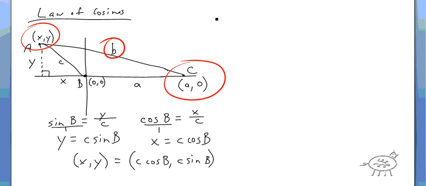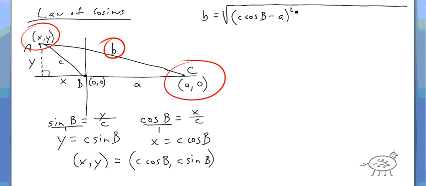So b is equal to, and it's really b squared, but I'm going to take the square root right away, so b is equal to the square root of (C cosine of B minus a) squared, so x2 minus x1 squared, plus (C sine of B, y2, minus y1) squared.